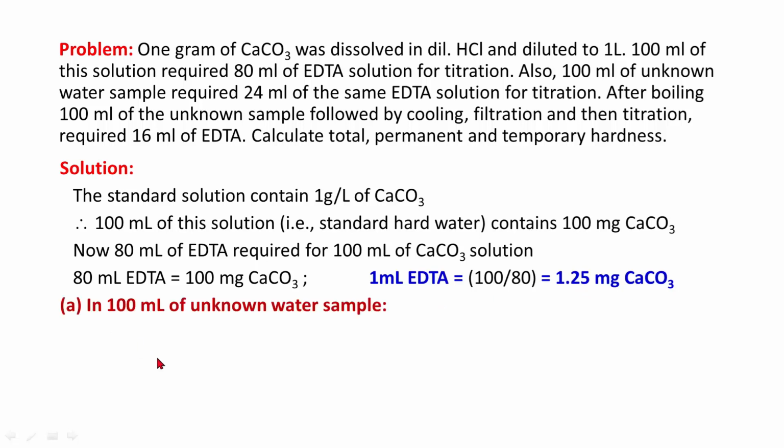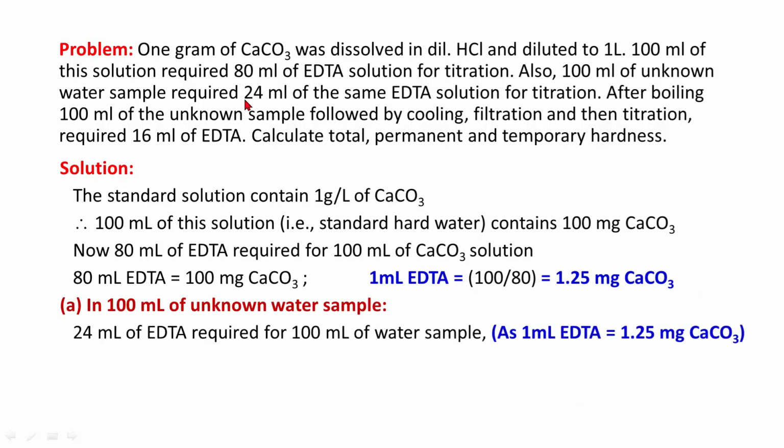In the 100 ml of unknown water sample, 24 ml of EDTA is required. Since 1 ml EDTA is equal to 1.25 milligram of calcium carbonate, 24 ml is equal to 24 into 1.25, which is 30 milligram of calcium carbonate.